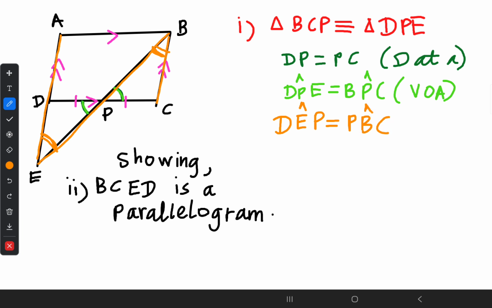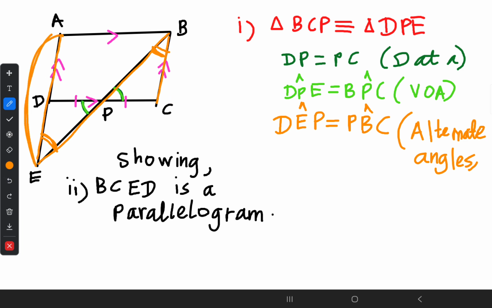What is the reason? Alternate angles. While you are writing alternate, definitely you should show the parallelism. Either you can show AD parallel to BC, that is also correct. If not, you can write AE parallel to BC. The most suitable one is AE parallel to BC.